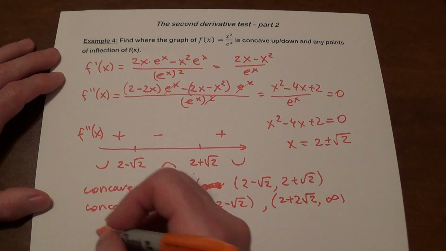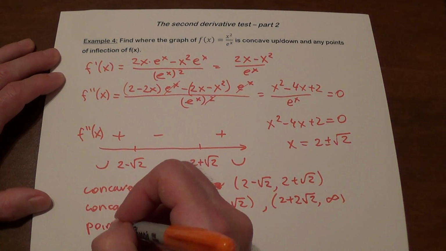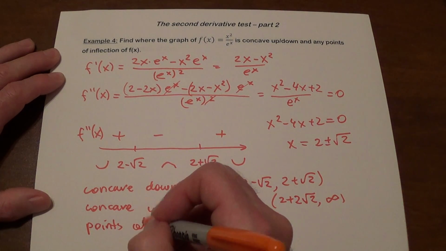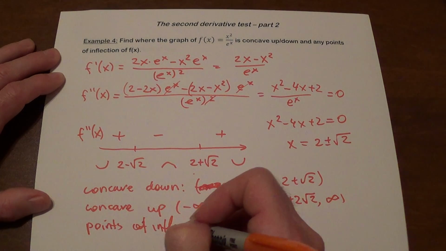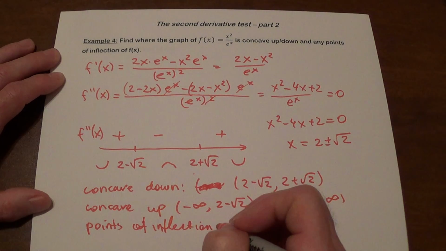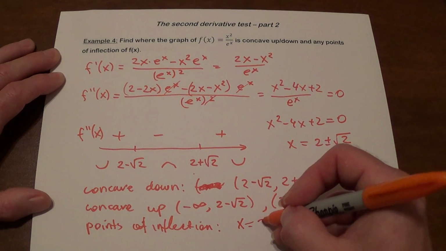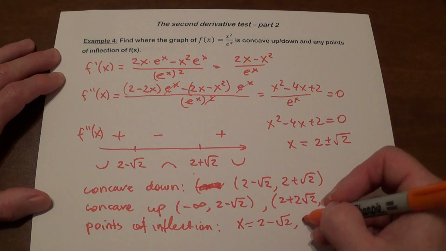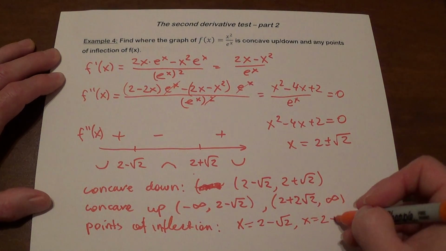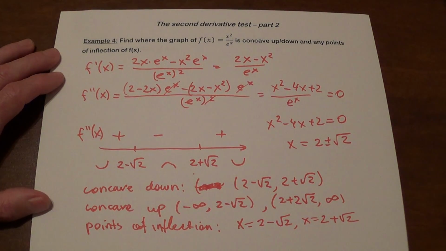And we are going to have points of inflection at these 2 points, x equals 2 minus square root of 2 and x equals 2 plus square root of 2.